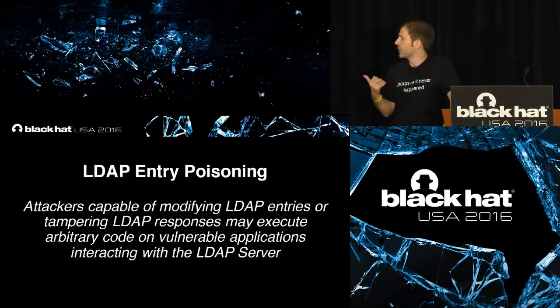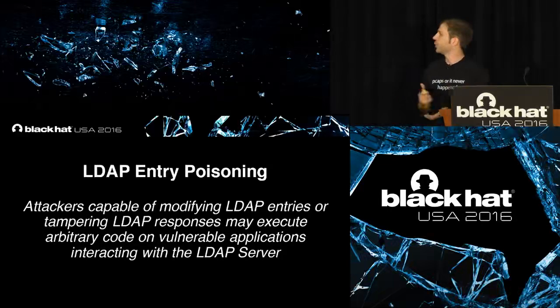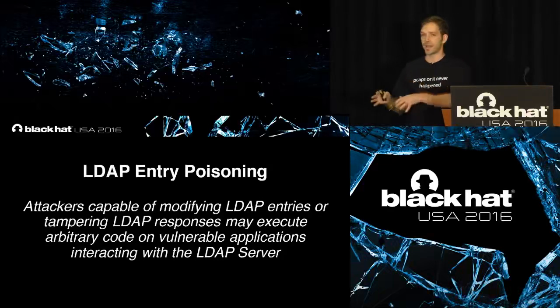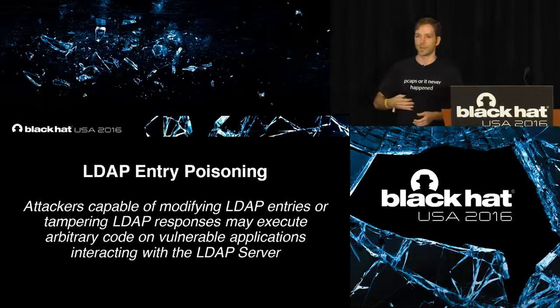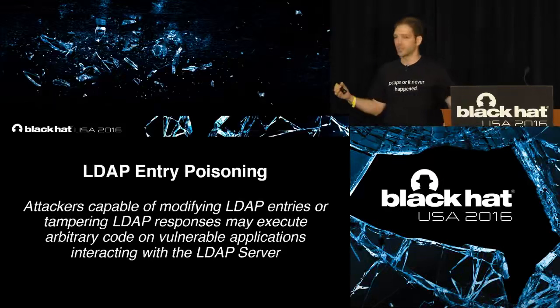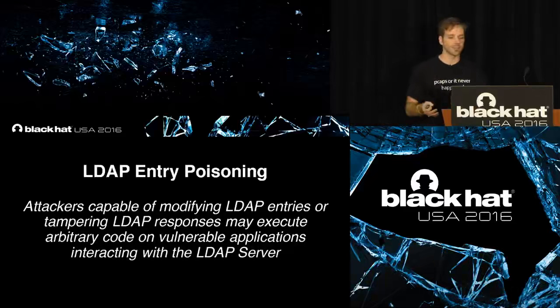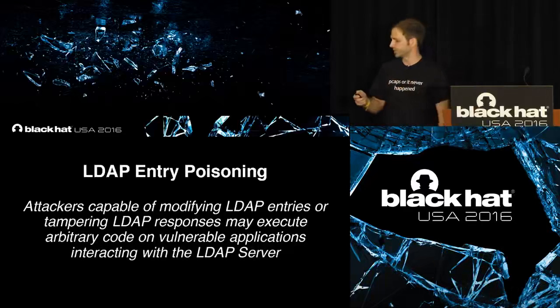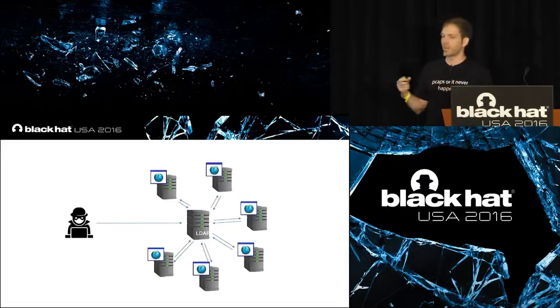So this is the second vulnerability that we found while researching the JNDI technology. Basically, if an attacker can modify an LDAP entry in an LDAP server, or modify the response from an LDAP search, they may be able to gain remote code execution on any vulnerable applications that are performing these LDAP searches. So this is a second-order vulnerability.